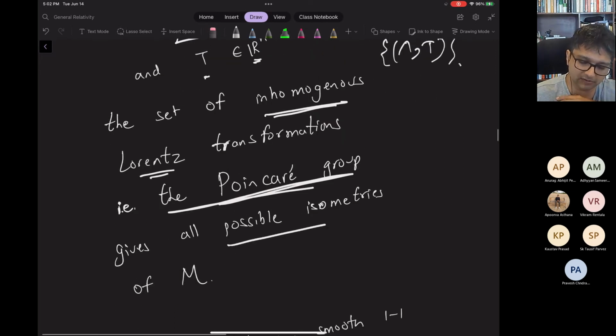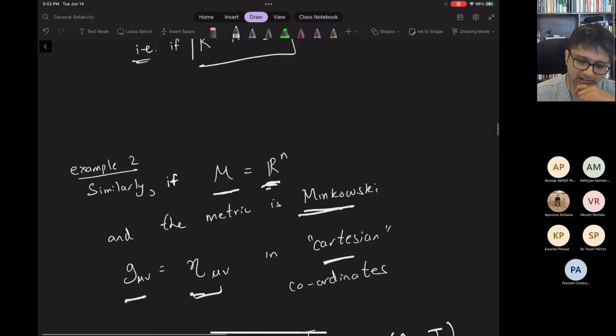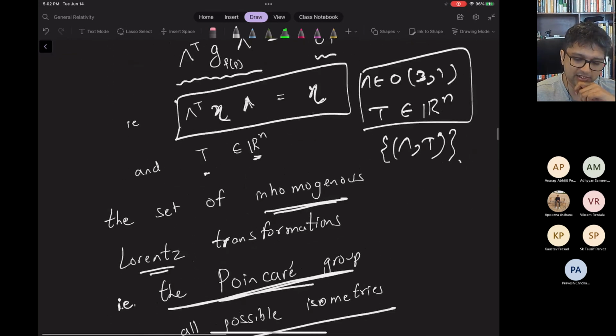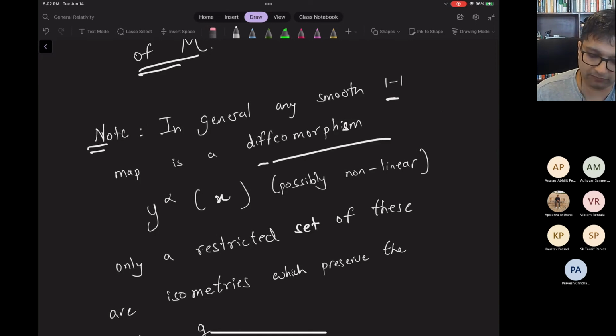This gives all possible isometries of the manifold M. In this case, the manifold M is Rn. So Minkowski space has the isometries of the Poincare group. The set of isometries forms a group called the Poincare group. And so one important point is that in general, any smooth one-to-one map between the manifold and itself is a diffeomorphism.